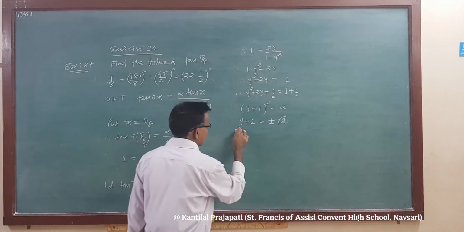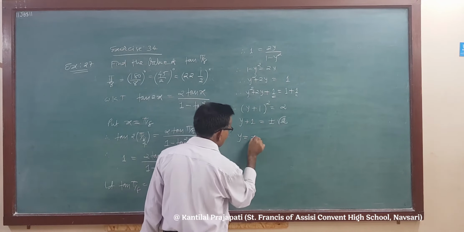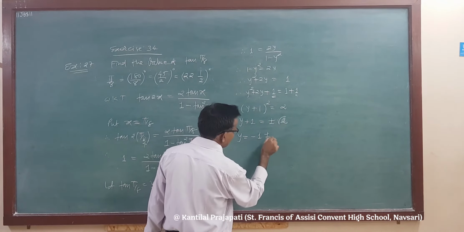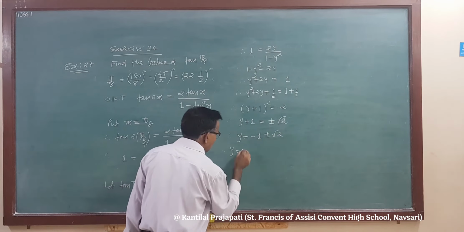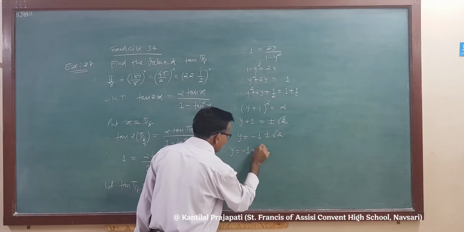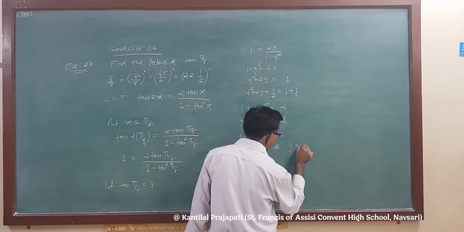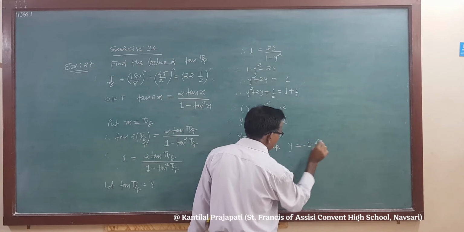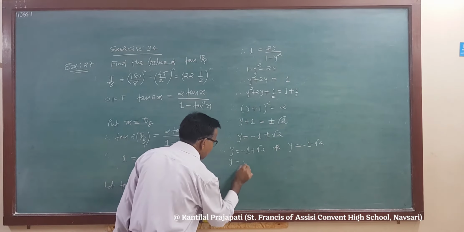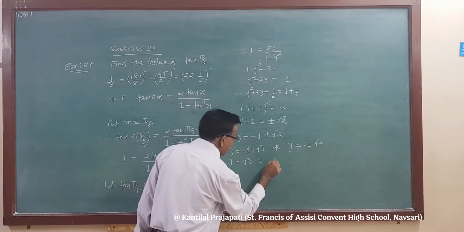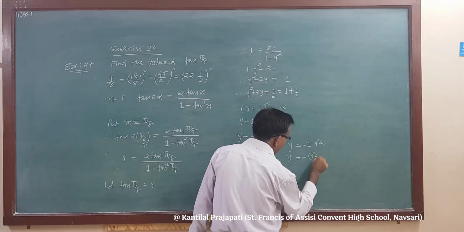So change the sign of this one and make y the subject: y is equal to minus 1 plus or minus root 2. So therefore y is equal to minus 1 plus root 2 or y is equal to minus 1 minus root 2. Write these as values: y is equal to root 2 minus 1 or y is equal to minus in bracket root 2 plus 1.